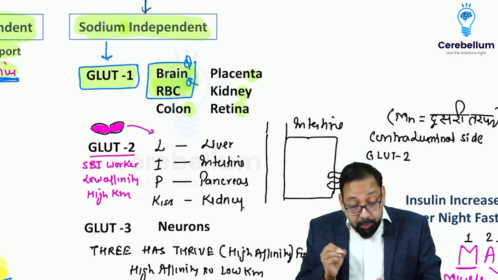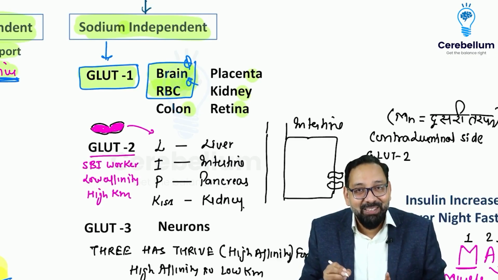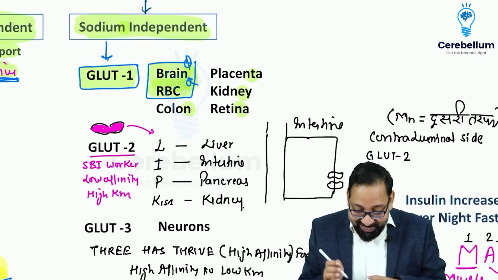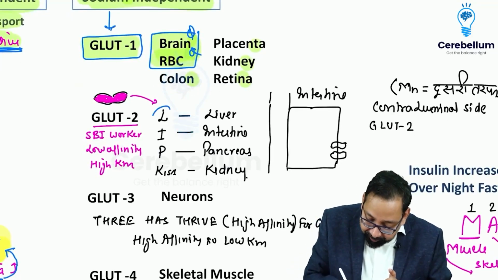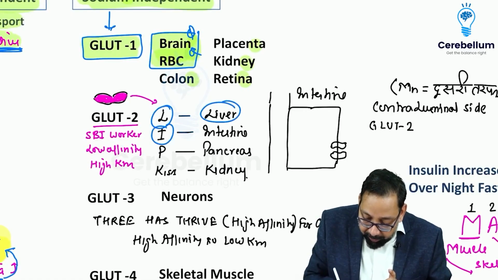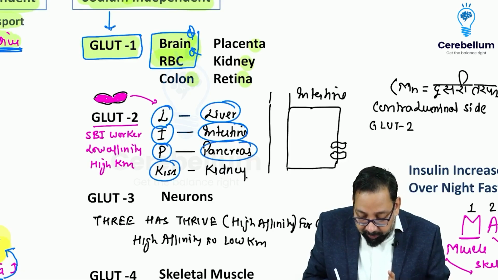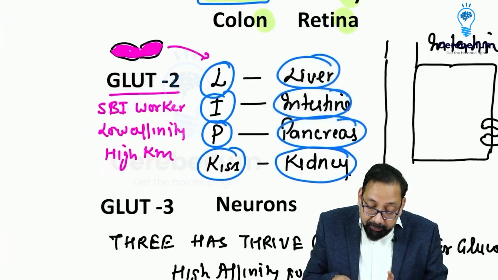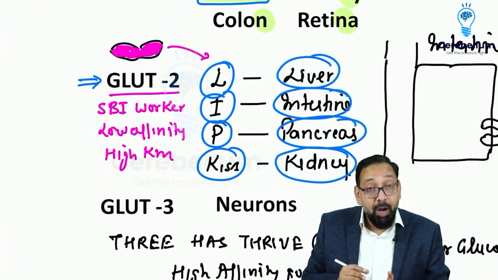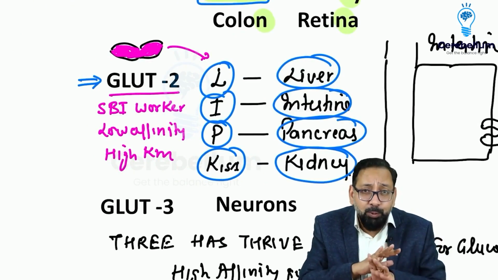Glucose transporter 2, mnemonic is lip kiss. 2 lips, 2-person kiss. So L for liver, I for intestine, P for pancreas, KI for kidney. And we found that these glucose transporter 2 are just like SBI bank workers. Normally they don't do work.